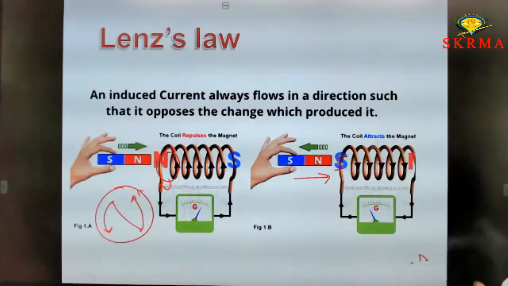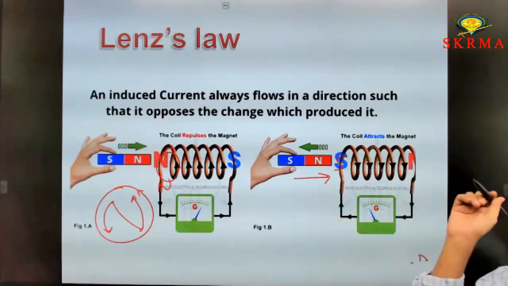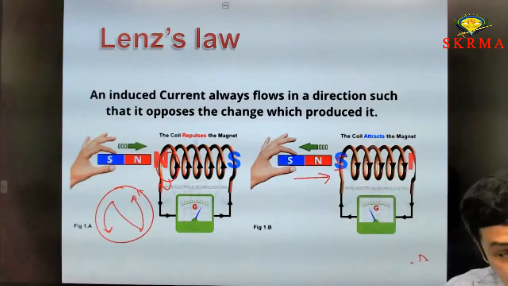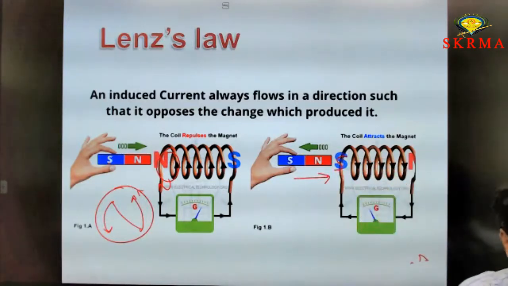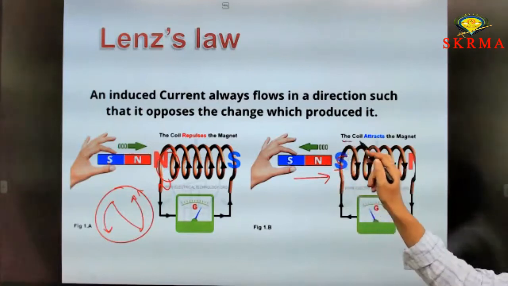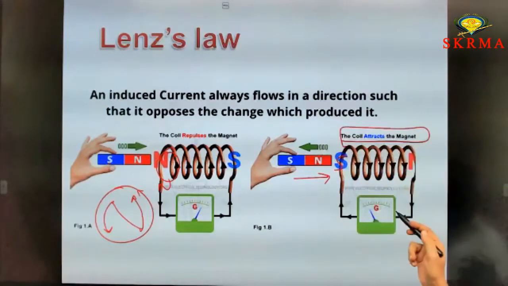The bar magnet creates the magnetic flux and the induced EMF. Whenever it moves away from the coil, EMF is induced, and its direction is opposite to the source, opposing the motion of the source. That's why the coil attracts the bar magnet in the second case.